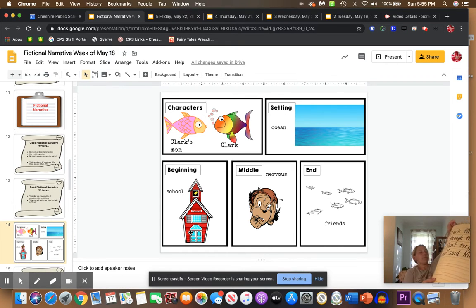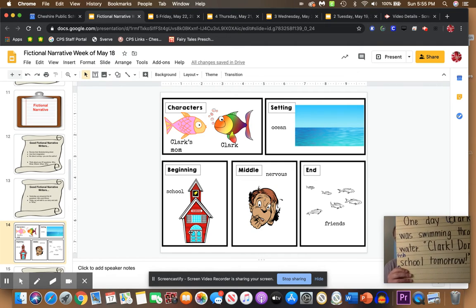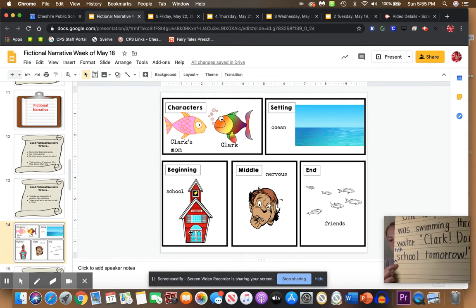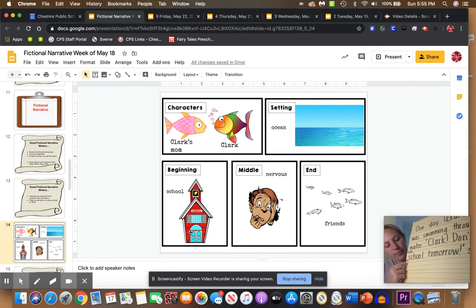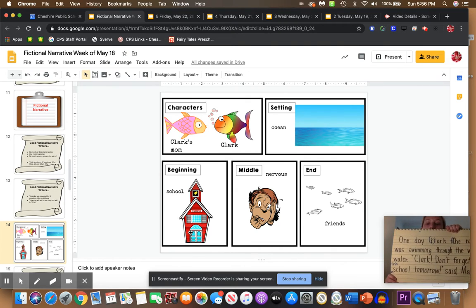So in my writing, I did not leave space to add fish before school. Do you see it? So what I do is I draw this little arrow, and on the top where there is a little bit of space, I write fish.